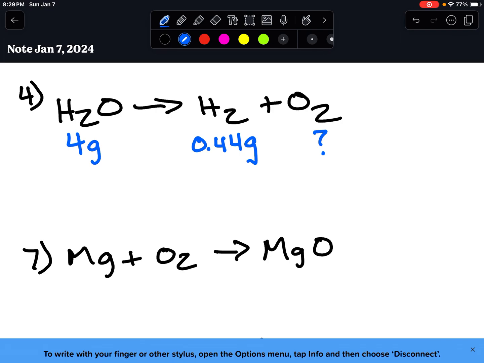So in a perfect scenario with this experiment, following the law of conservation of mass, we know that we cannot create or destroy any matter. So all you would have to do is just subtract the 0.44 grams from 4, and that would equal 3.56 grams of oxygen.